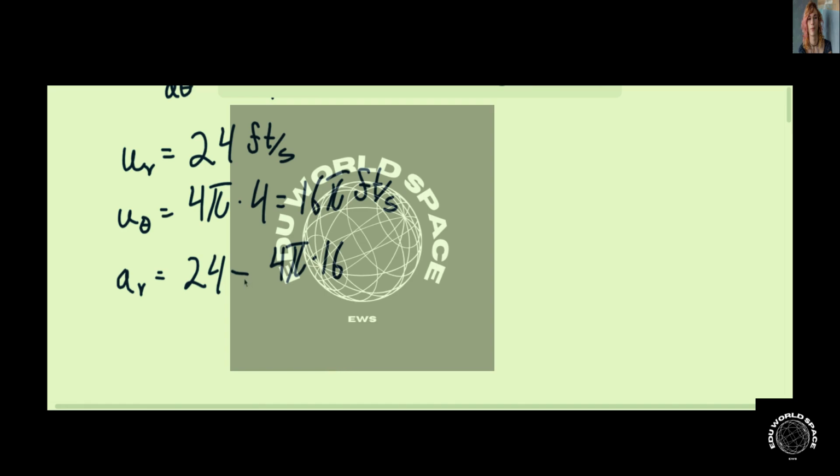So 24, we can factor out an 8 here. So we'll get 8 times 3 minus 8 pi, and this will be in feet per second squared.